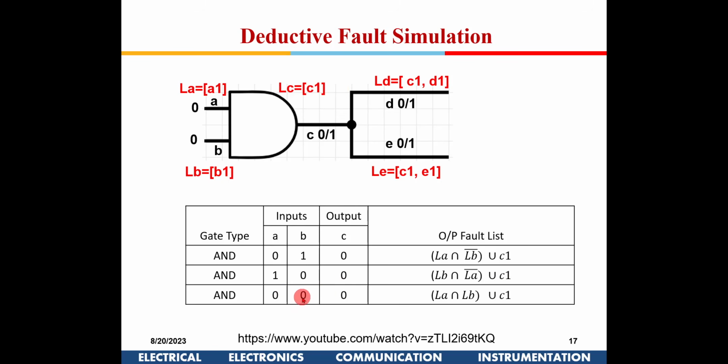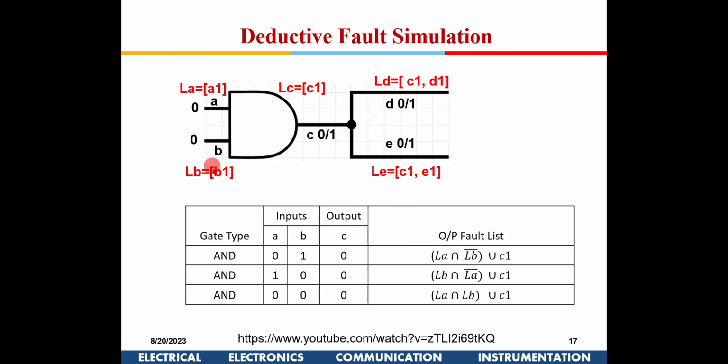Now similarly for 0, 0. This is the third condition where both are stuck at 1. These are the fault lists for these particular nodes. If C is stuck at 1, that can be detected, and that is the only fault that can be detected, because there is only one fault occurring at any given time.